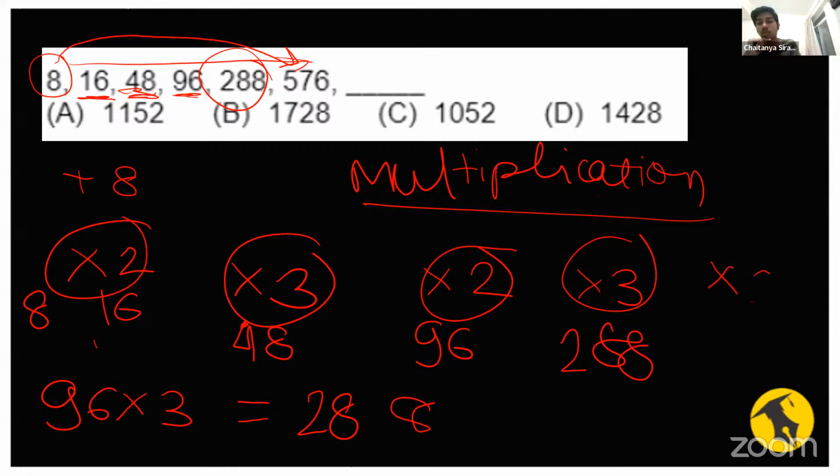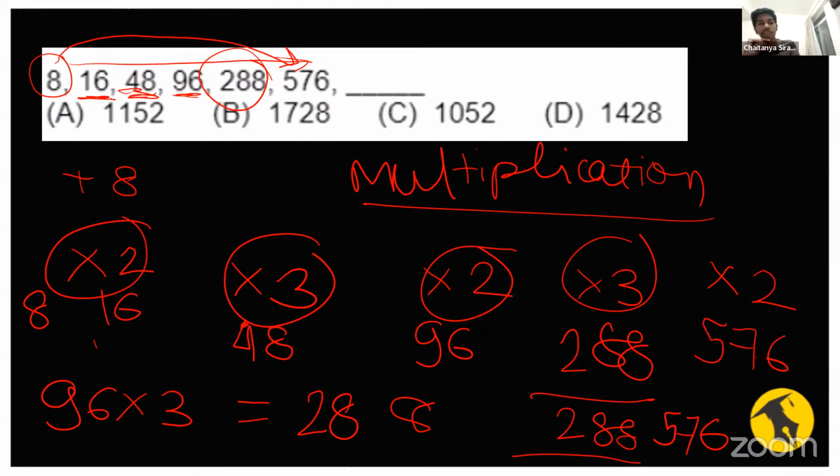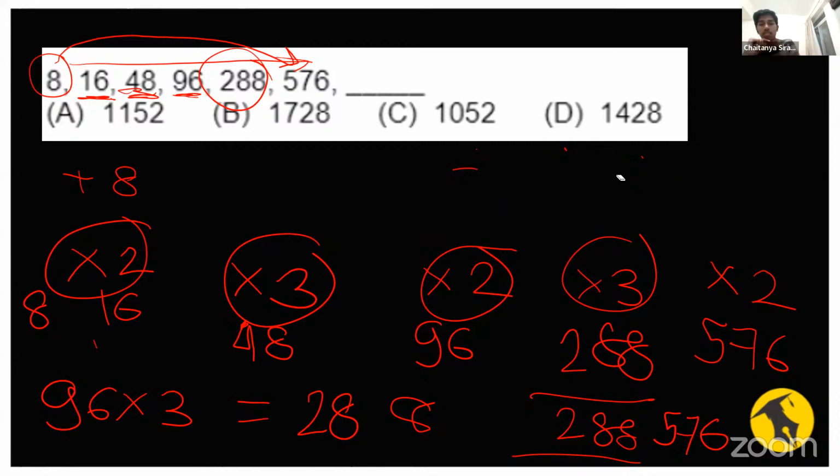So the next one will be times 2. 288 times 2, if I add it twice, I'll get 576. So obviously the fill in the blank will be nothing but 576 times 3. Now you don't need to solve this exactly.